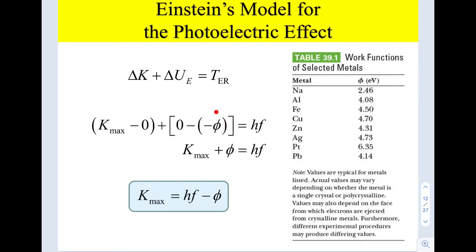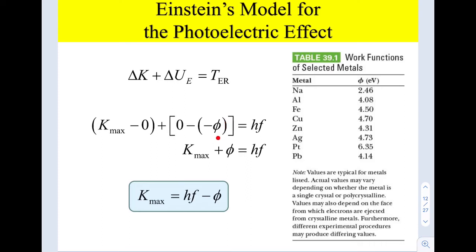And electric potential energy initial is equivalent to the negative of the work function. So some new things are introduced here. What is the work function? Work function is the minimum required energy to eject an electron from a metal surface.